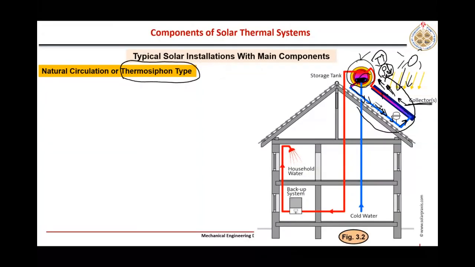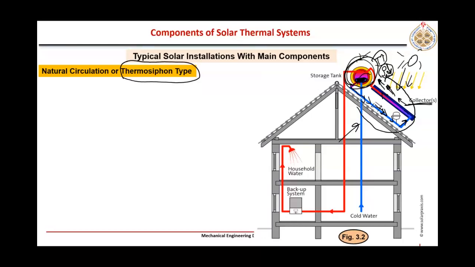The basic principle is that hot water rises. When you heat the water, it will start to rise. And these are called thermosiphon systems. The storage tank must be outside in this particular system, and it should be above the collector. So now there will be a circulation. It's all natural, or thermosiphon.